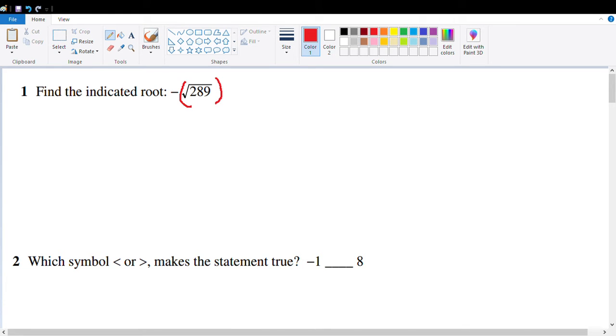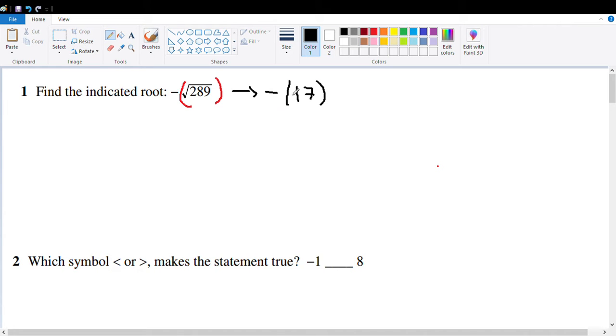And if you do that in your calculator, the square root of that is 17. So what we actually get is 17.